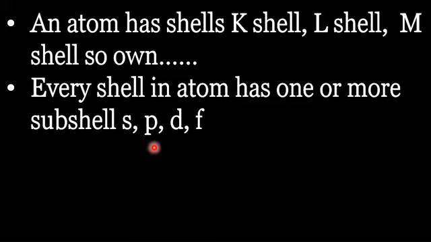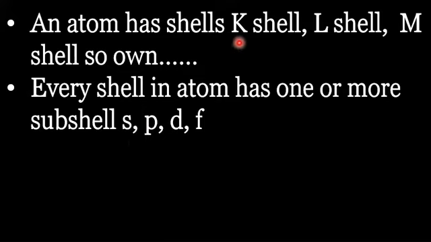Please note that all the energy level shells and subshells are present around the nucleus of an atom. Every shell K, L, M, N, and so on is further divided into subshells s, p, d, f, etc.